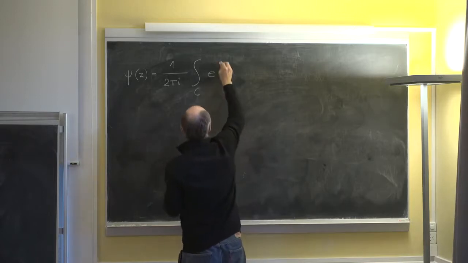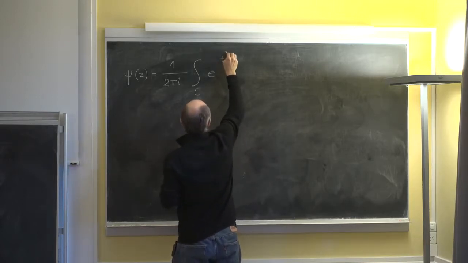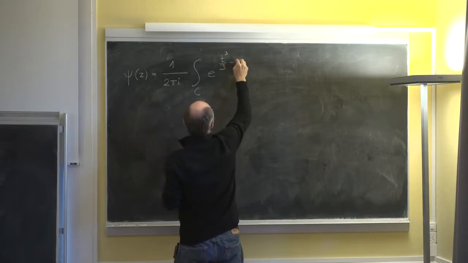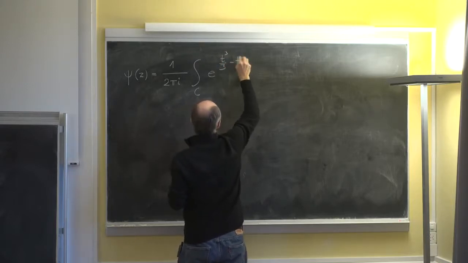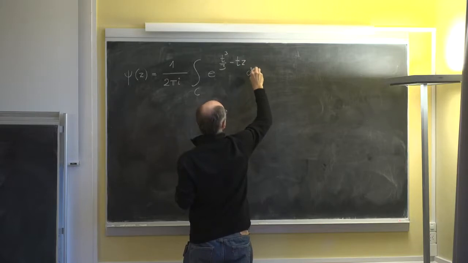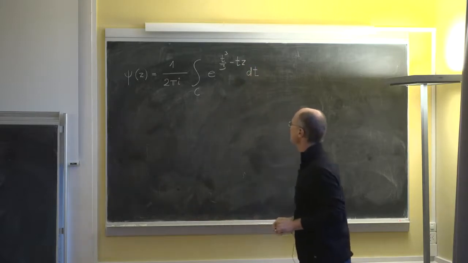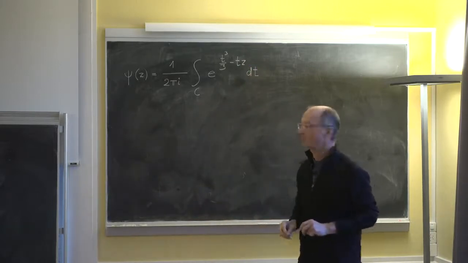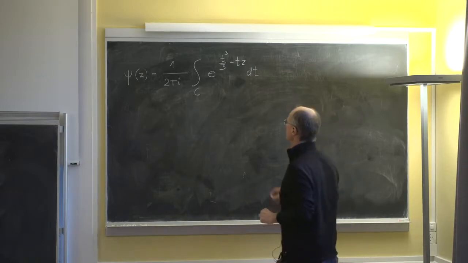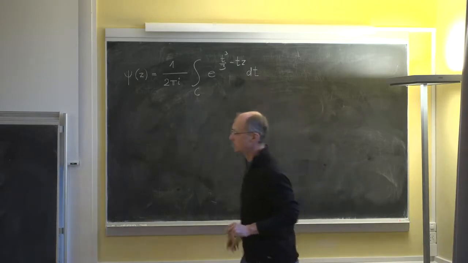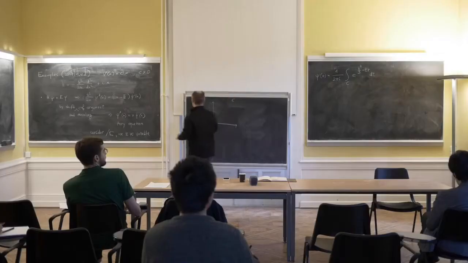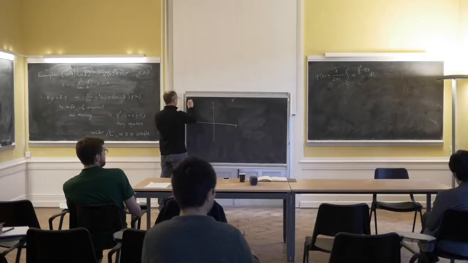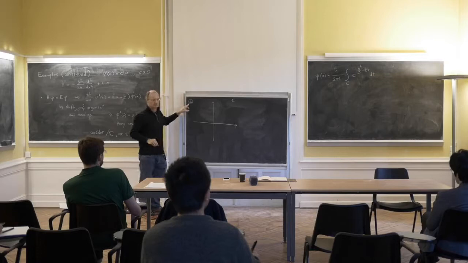And here we'll look at the following interestingly looking function: exponential of t cubed over 3 minus t times z, integral over dt. So actually, this will be the complex plane of the variable t.